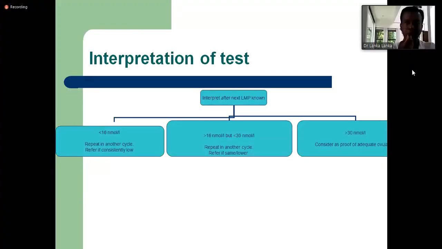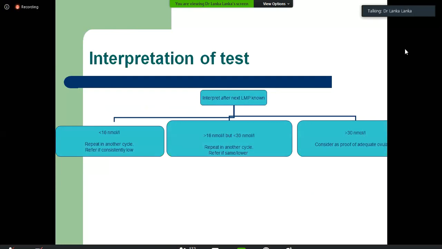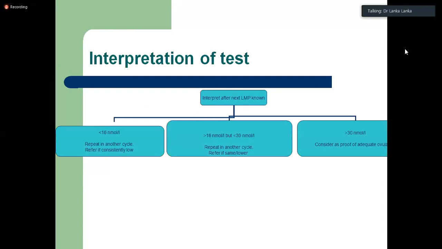This is how to interpret the serum progesterone level. Just remember, more than 30 is the proof of ovulation.